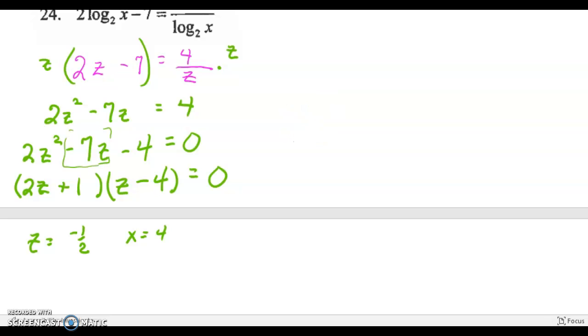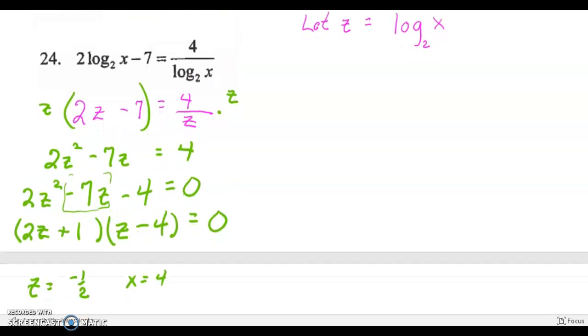Okay, now we're really not after z. We're really after x, which was the original variable. But we do know z. z is negative a half. So we have negative a half equals log base 2 of x. So let's solve that. 2 to the negative 1/2 power is equal to x.